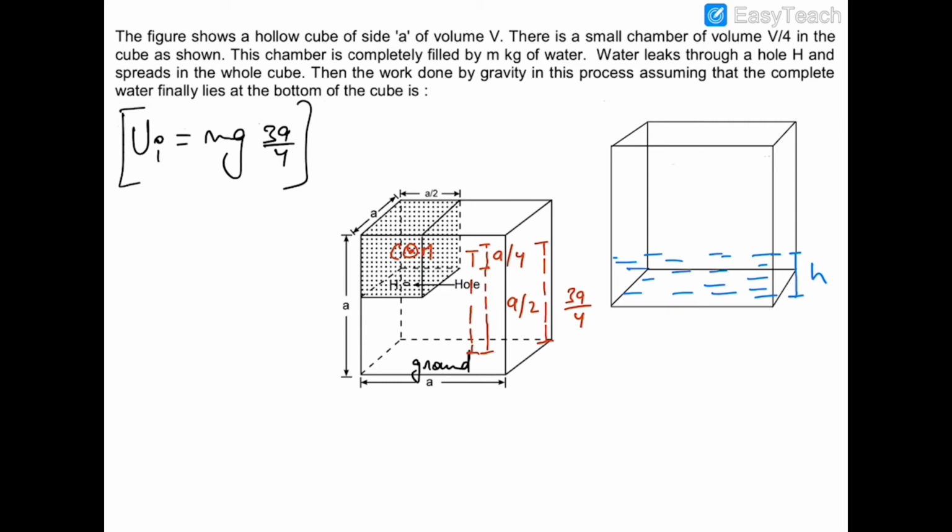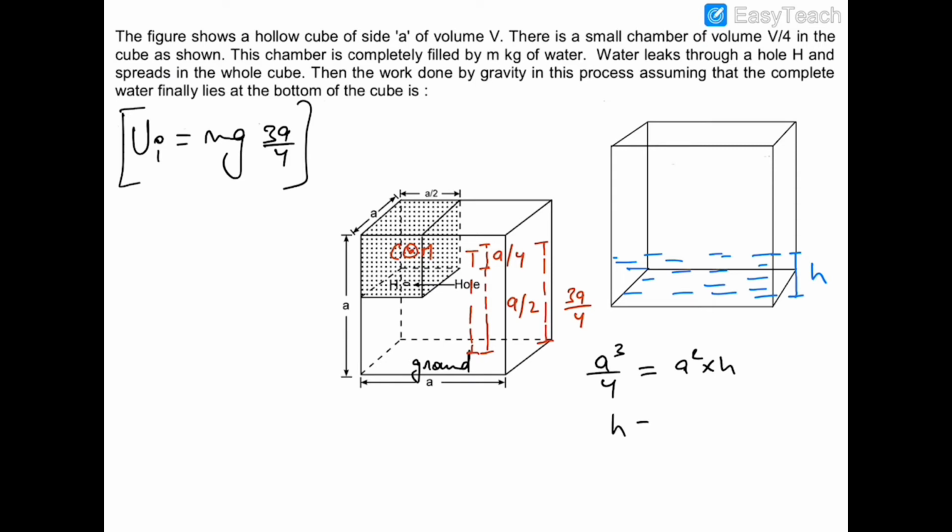this h can be calculated easily by equating the volume. The initial volume of the water was V by 4, where V is A cube, so it was A cube by 4 initially, and finally it has covered an area of A square. This cube has a base area of A square, so its volume will be A square into h.